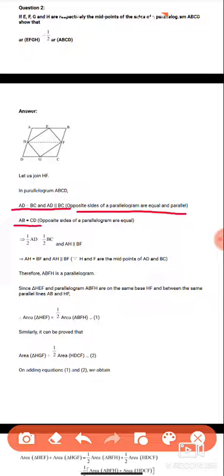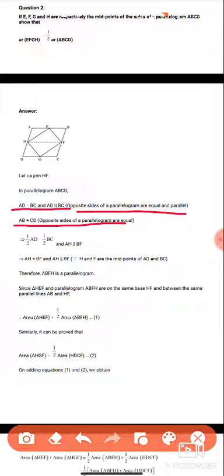So AB equals CD, as opposite sides of a parallelogram are equal. But if we take half of AD and half of BC, then half of AD will be AH and DH, and half of BC will be BF and CF.